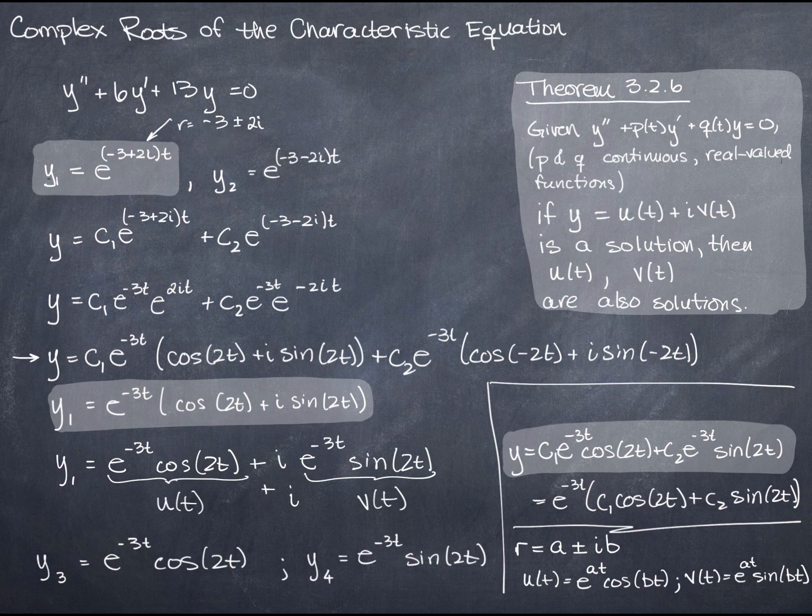So my a is -3 and my b is 2. And ultimately my u function was e to the at cosine of bt, where a was -3 and b was 2. And my v function, v of t, was e to the at sine of bt. b was 2, a was -3.